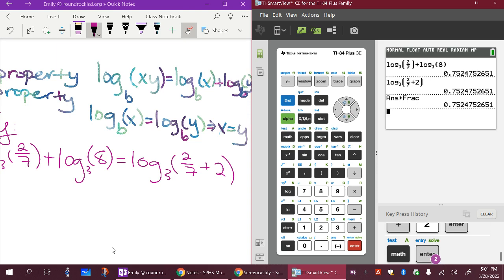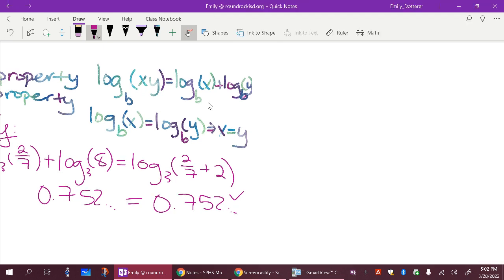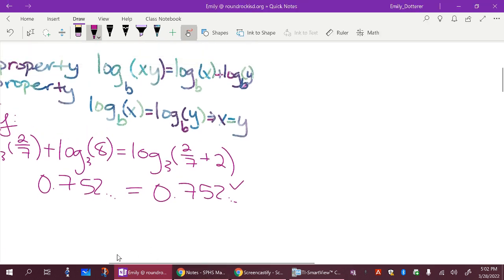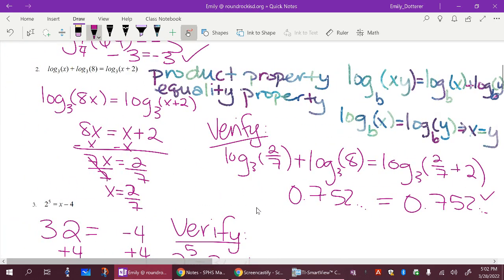But regardless, 0.752 does indeed equal itself. So the answer is 2 over 7.